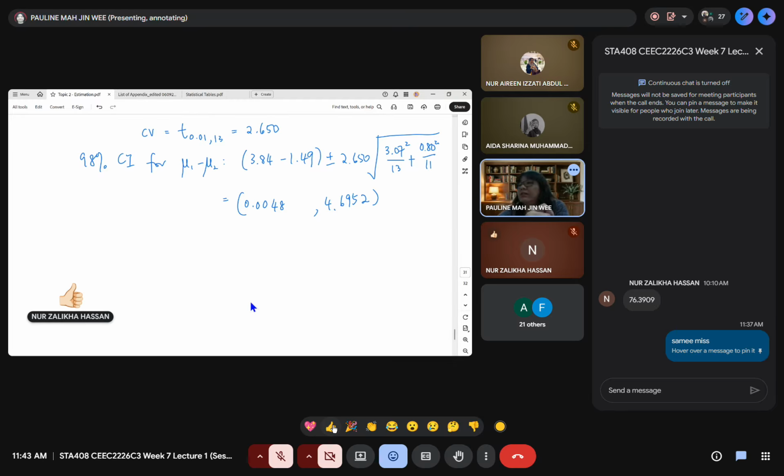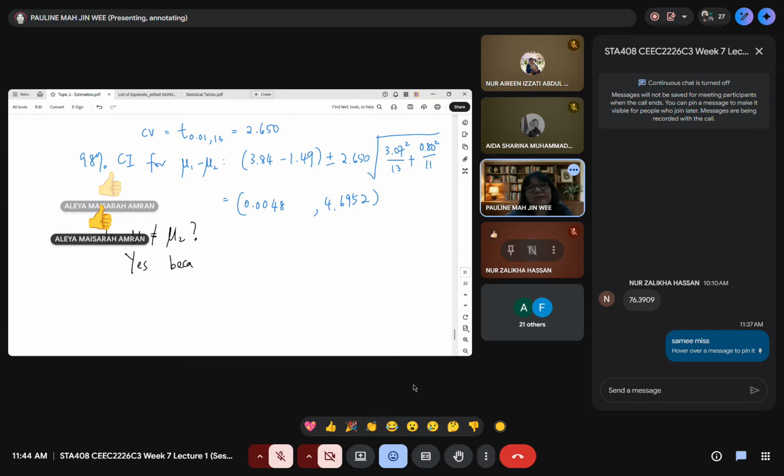The question is, is mu1 equal to mu2 or not? Sorry, is mu1 not equal to mu2? This is the question. There's a significant difference. So the answer is yes, yeah?